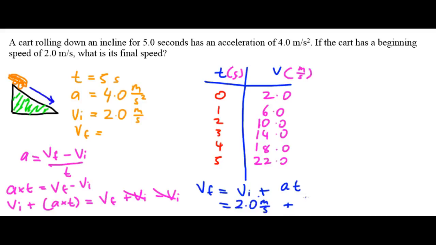And then we went for 5 seconds, and for every second that went by, we were getting 4 meters per second faster. So 4 times 5, that's 20, plus 2 equals 22 meters per second, which is our answer according to the table.